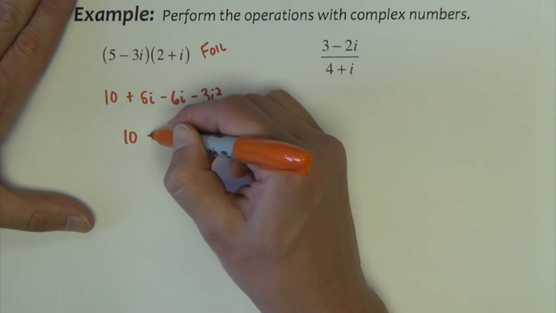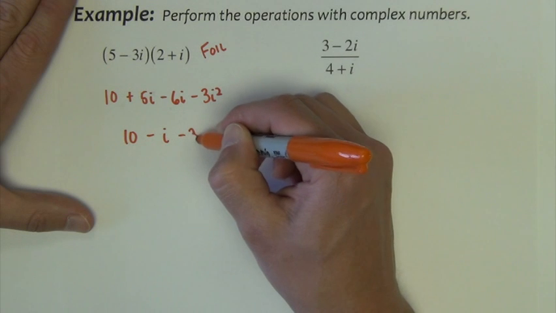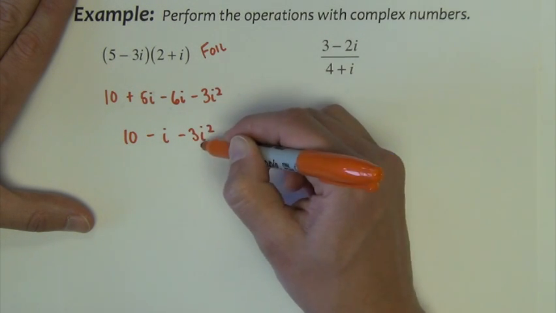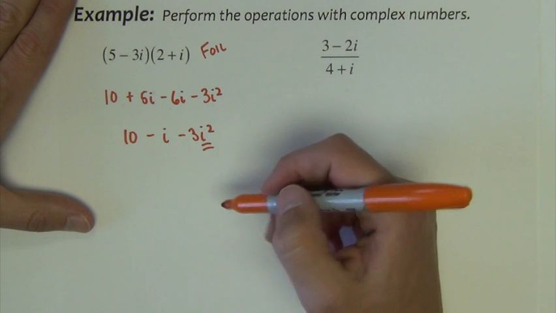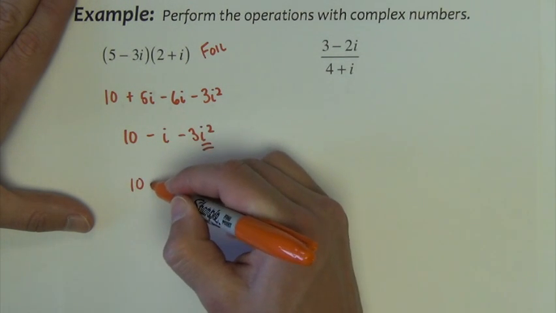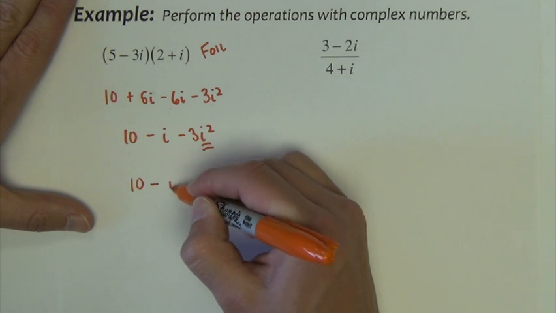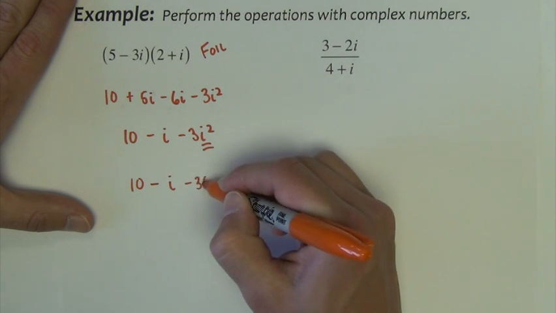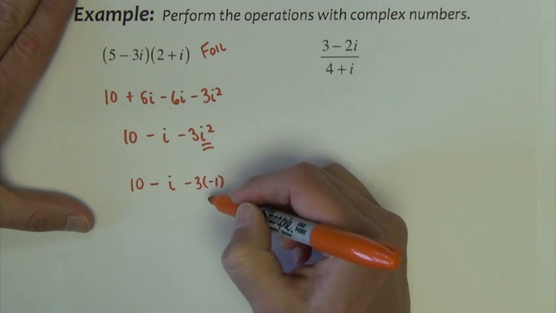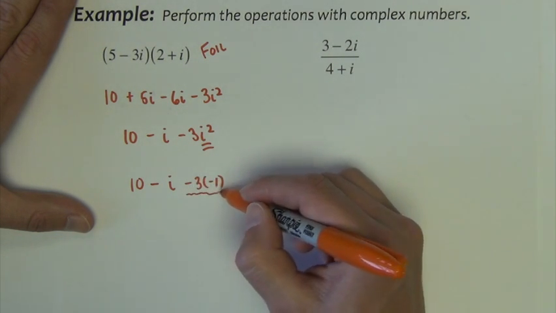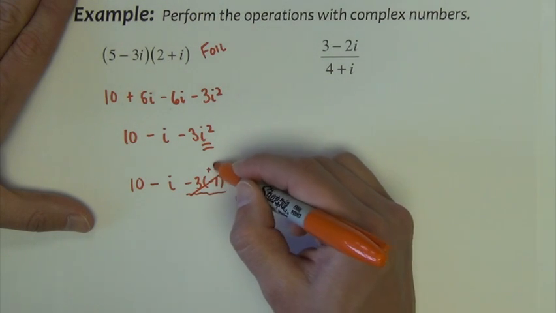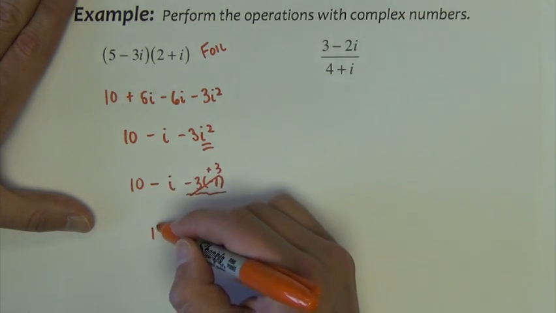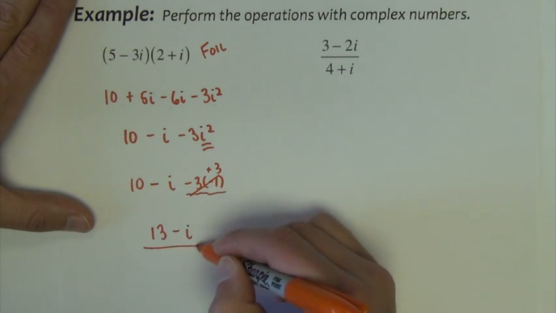That is 10 minus i minus 3i squared. Now you might recall, hopefully recall, from our algebra days that i squared is the same as negative 1. So this number is really a positive 3. Added to the 10 makes 13 minus i.